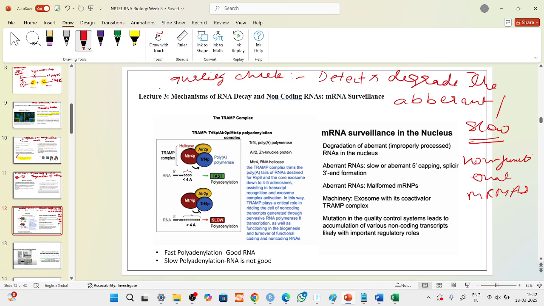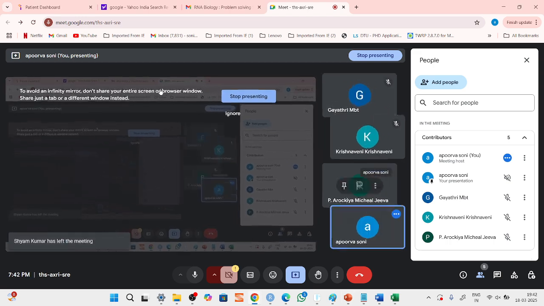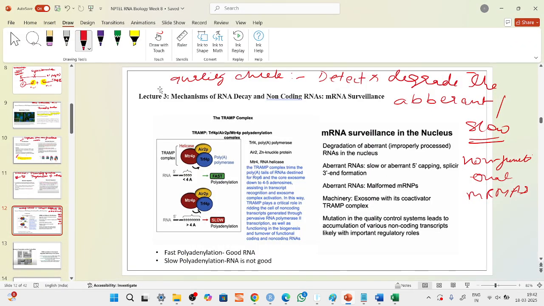So there are some categories. What is the first category? It can have a bad 3 prime end or a bad 5 prime end. It can have malformed mRNPs or it can have slow polyadenylation.